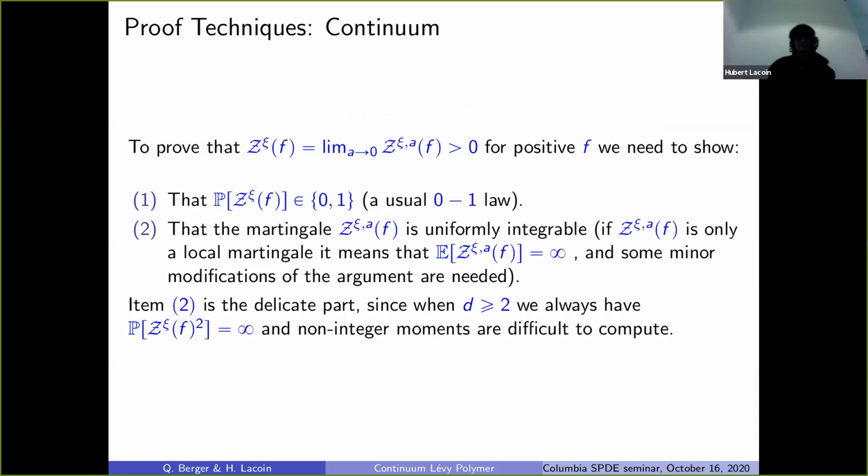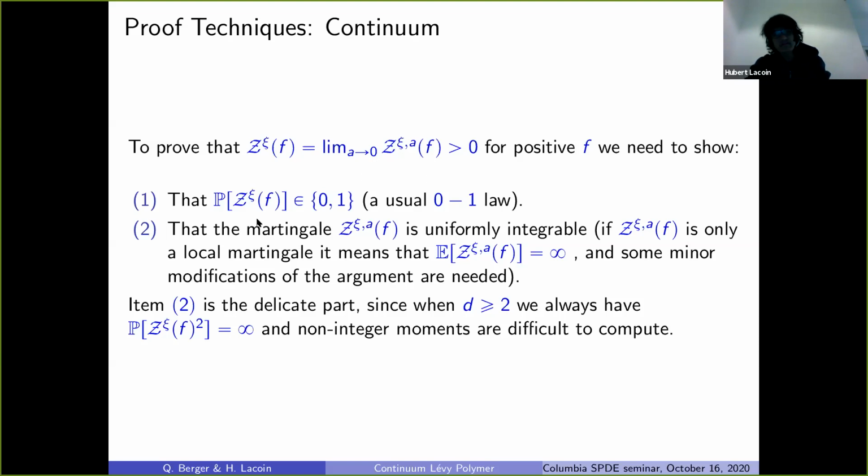So I will have time to say a bit about the proofs. When you want to show that your partition functions have a positive limit, you need to show two things. The first is that the probability of being positive is either 0 or 1, so to prove some kind of 0-1 law.